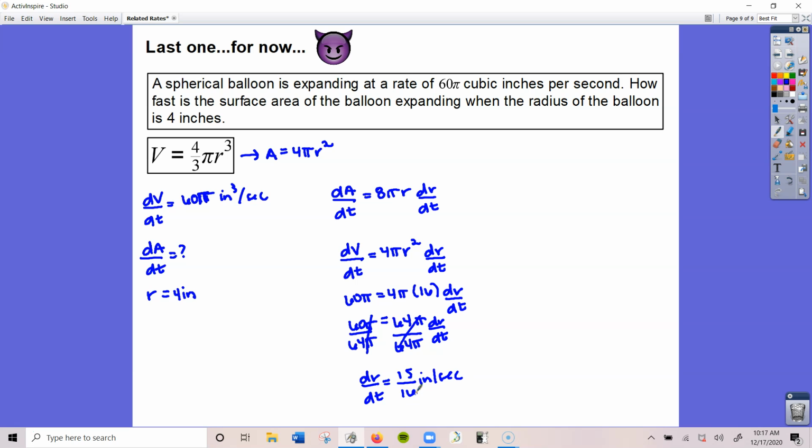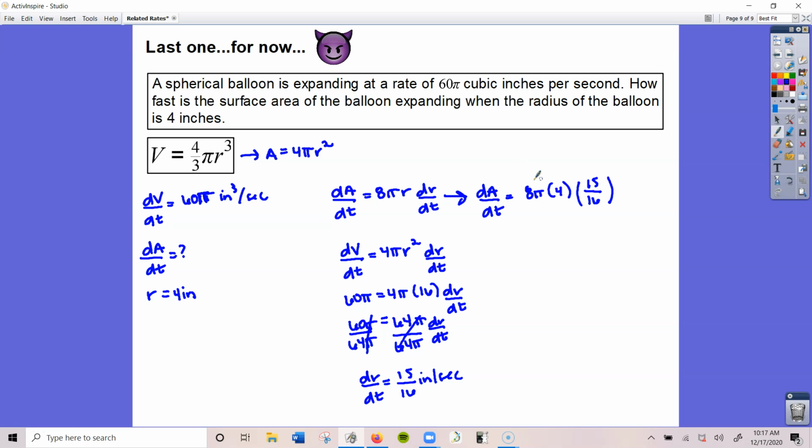So I have dr/dt. I'm ready to go back here and plug it in. So dA/dt, which is my final goal, is equal to 8 pi times my radius, which is 4, times 15 over 16, which is the dr/dt.